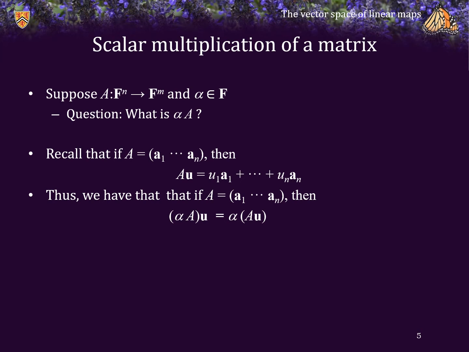Thus, we have that if A is this matrix of n column vectors, then alpha times A applied to u is just alpha times A applied to u, which is just alpha times this linear combination of the column vectors of A. But now we have a scalar times a number of vectors, so by the properties of matrix vector multiplication, scalar multiplication distributes over vector addition, we have that is equal to this expression here.